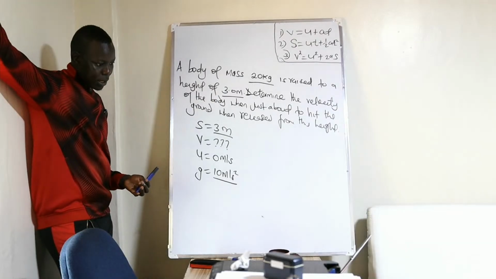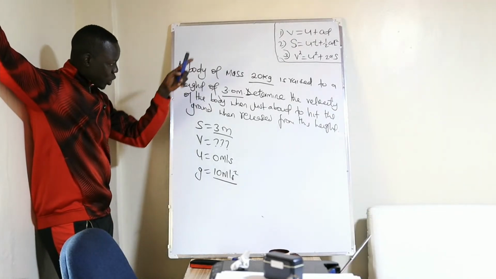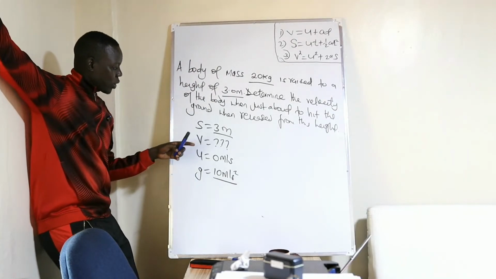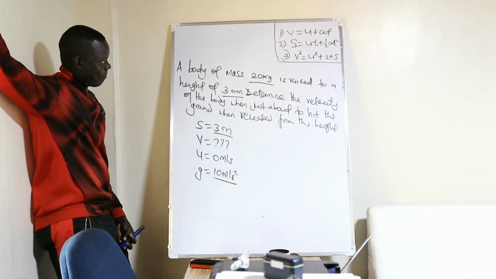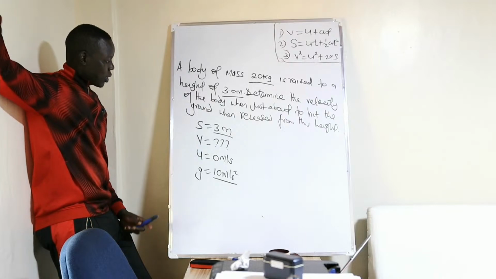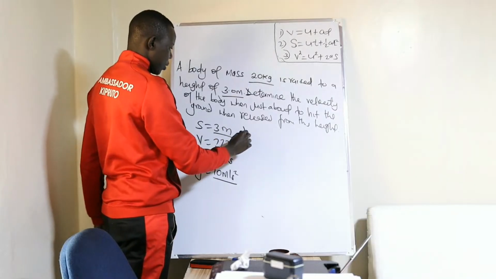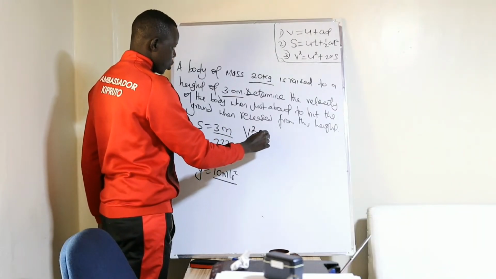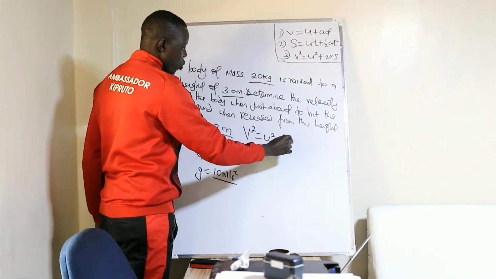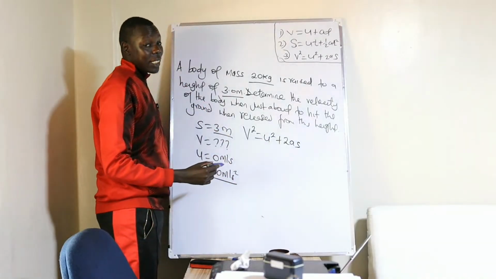Now let's see which equation applies. We are supposed to calculate V. Can we use the second equation? No, sorry, the third equation: V squared is equal to U squared plus 2AS. You remember our answer is 7.75.